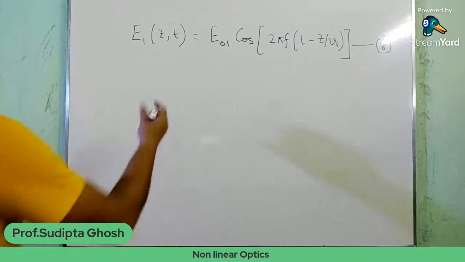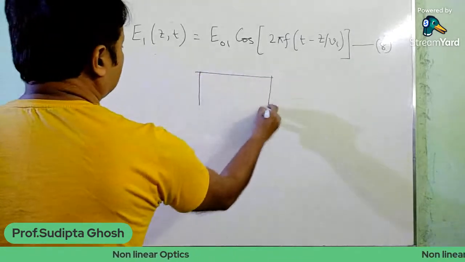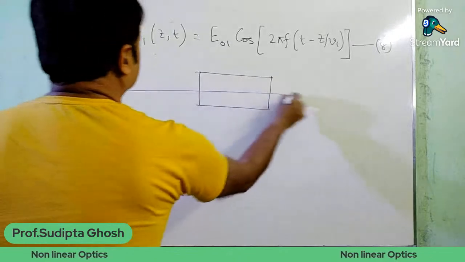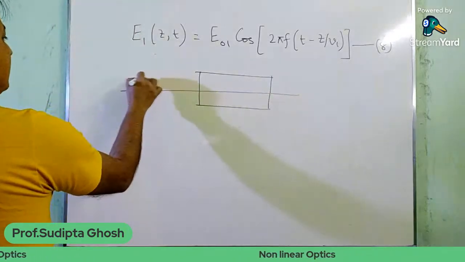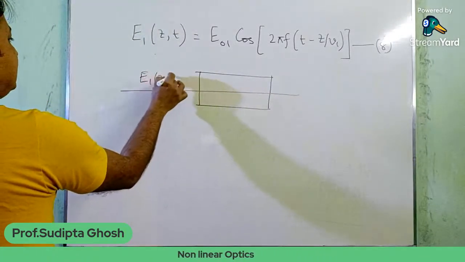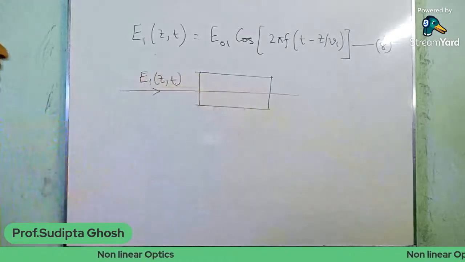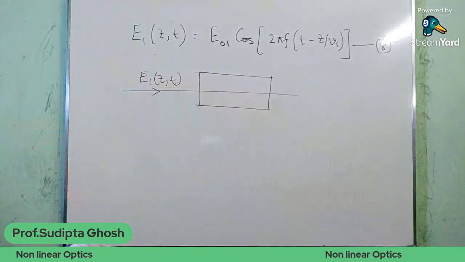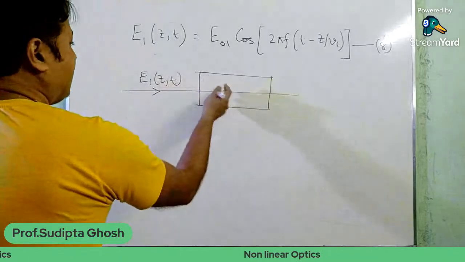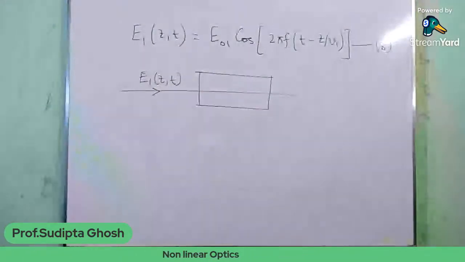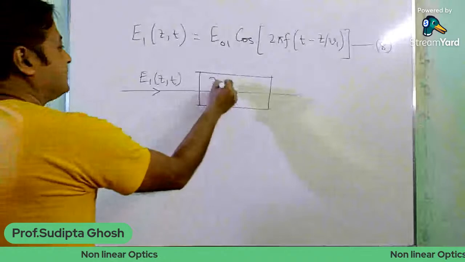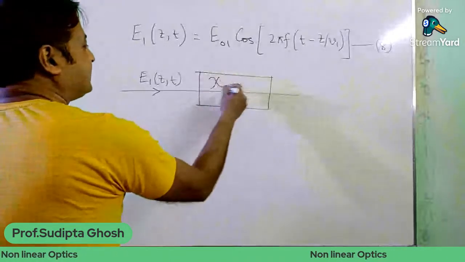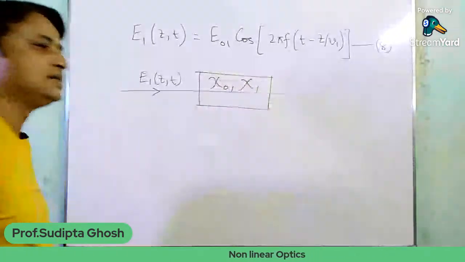This is the nonlinear material, and the wave E1(z,t) is traveling inside it, where we have two dielectric susceptibilities. One is chi0, the linear susceptibility term, and the other is chi1.